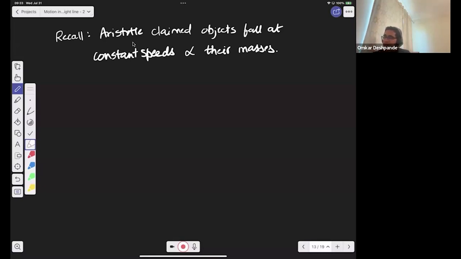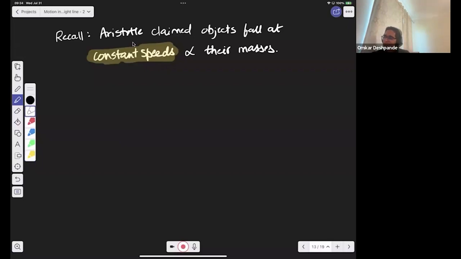I want to deal with two separate claims here. There is also this claim that objects fall at constant speeds. Now, this was something that was questioned even before Galileo. In medieval times, there were philosophers who pointed out that this needs to be corrected.